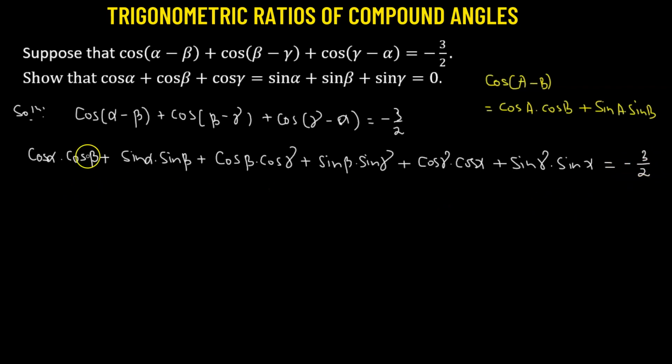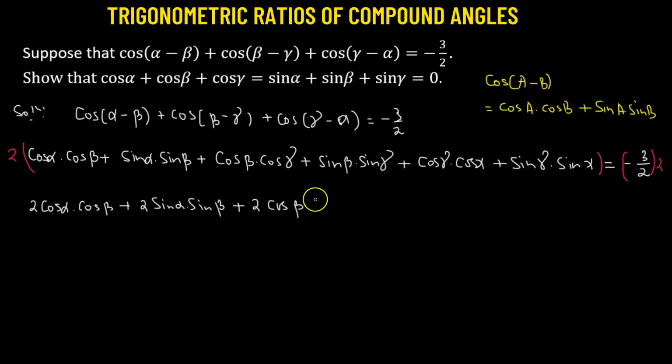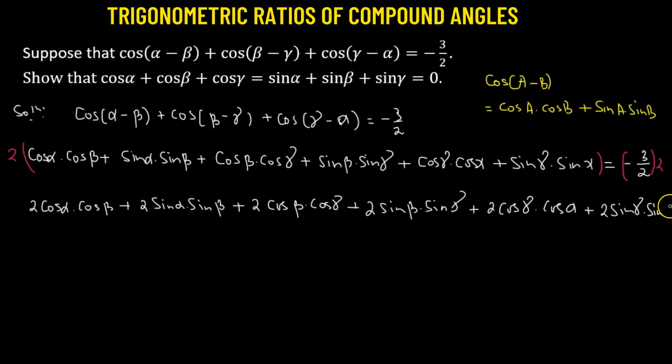We will multiply both sides of the equation by 2. So that means we will now get 2 times cosine alpha times cosine beta plus 2 times sine alpha times sine beta plus 2 times cosine beta times cosine gamma plus 2 times sine beta times sine gamma plus 2 times cosine gamma times cosine alpha, and we have 2 times sine gamma multiplied by sine alpha.